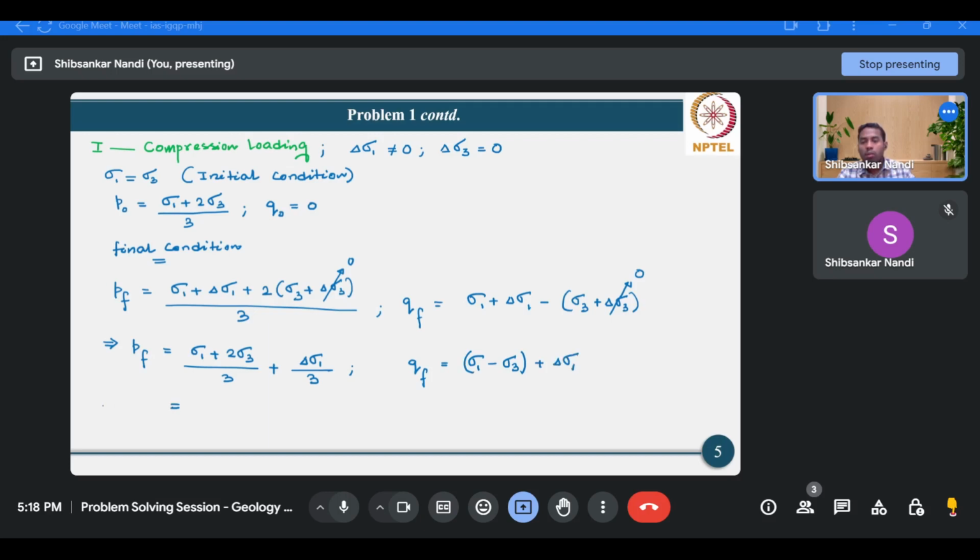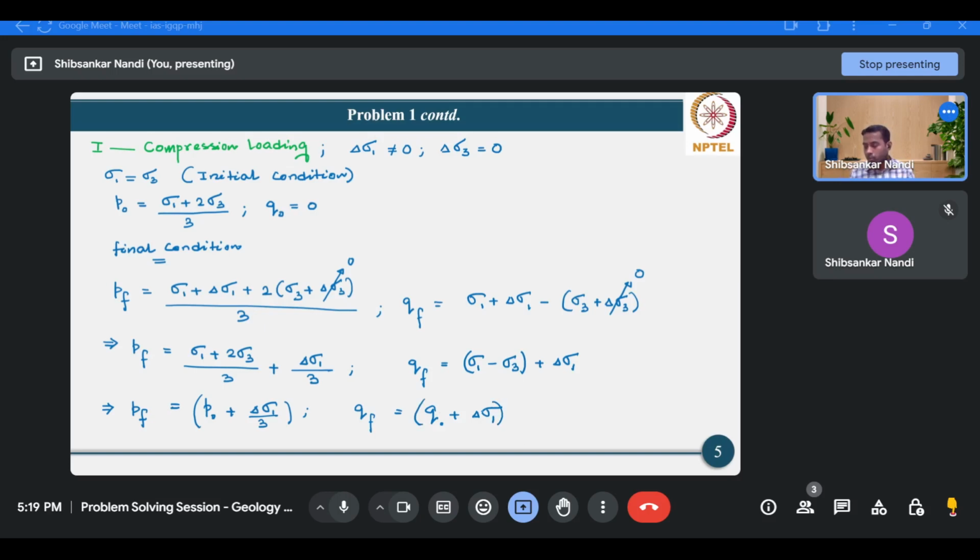So PF is P0 plus delta sigma 1 by 3, and QA is Q0 plus delta sigma 1.